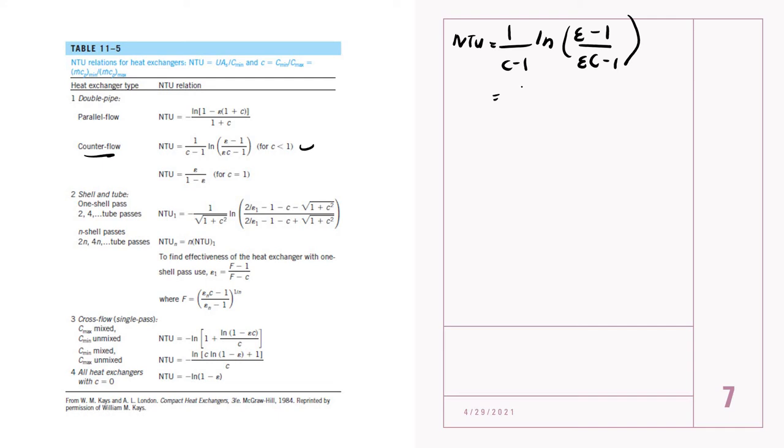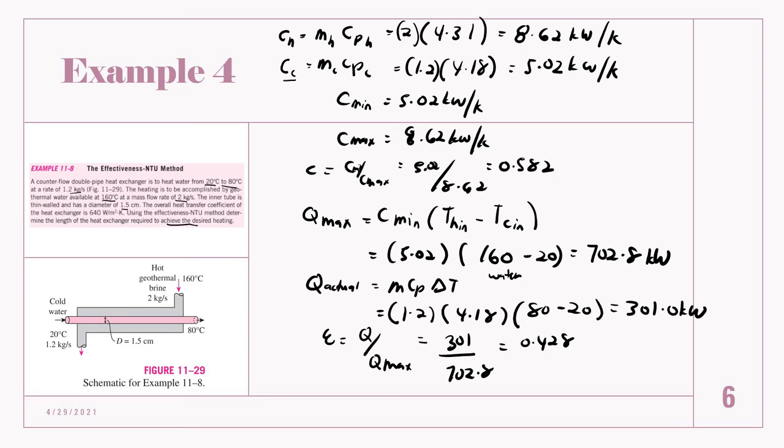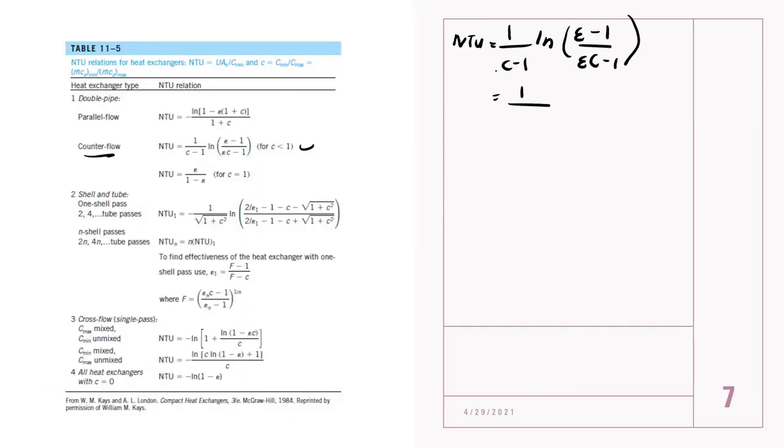Now we substitute the values: the capacity ratio C is 0.582 and the effectiveness is 0.428.